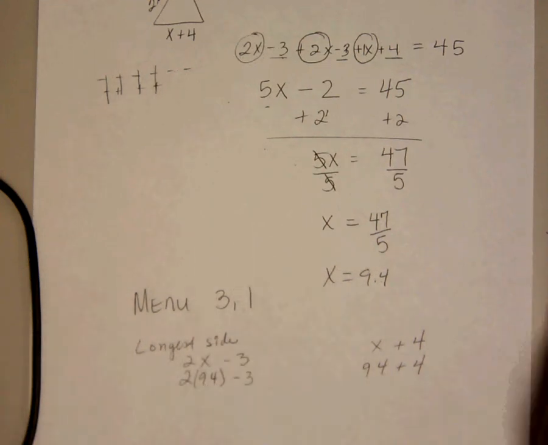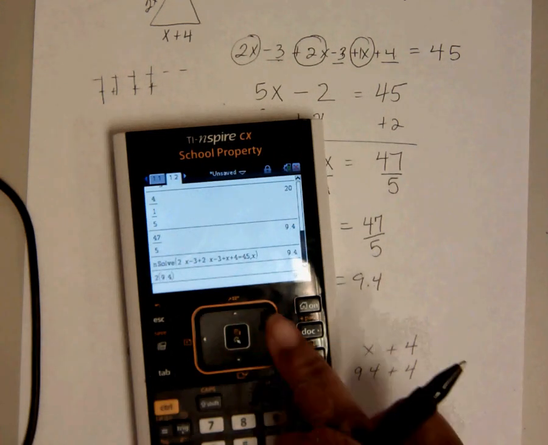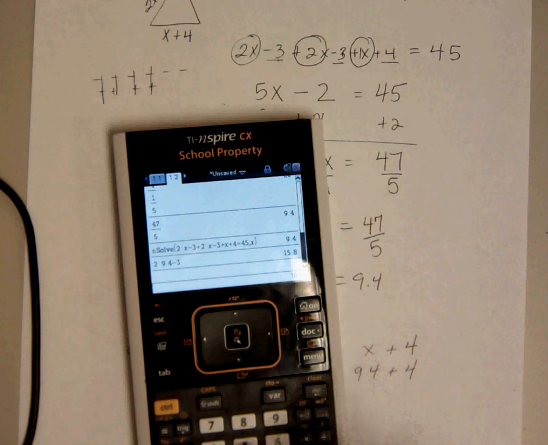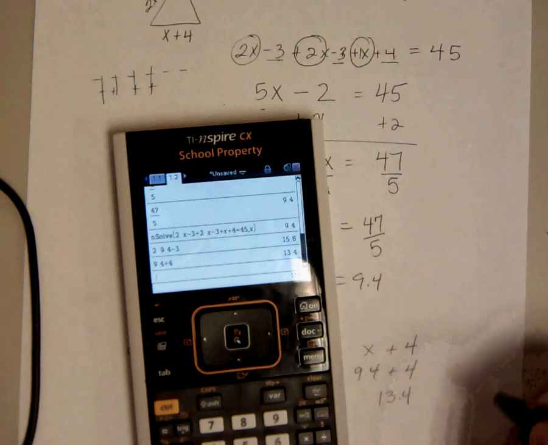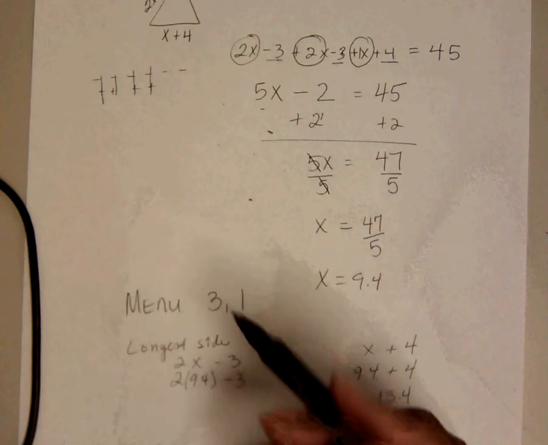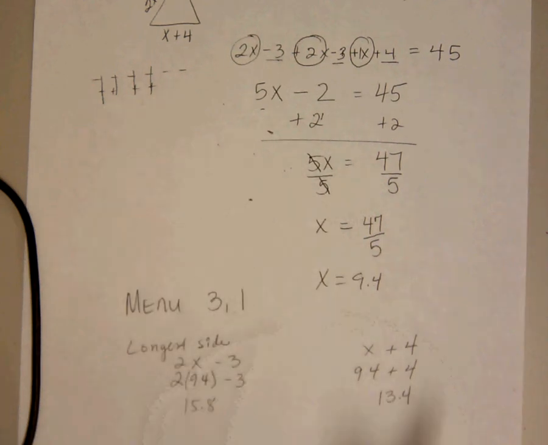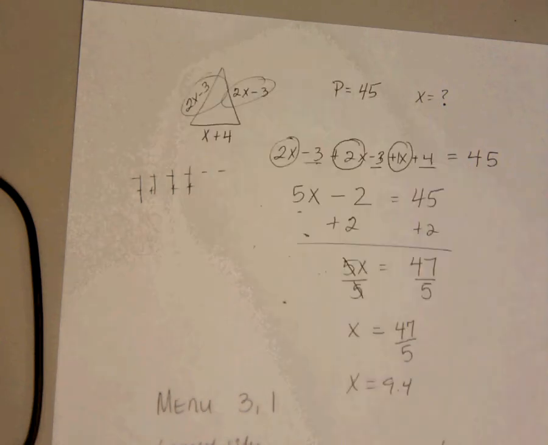So when we do that, 2 times 9.4 minus 3, and then 9.4 plus 4. So I get 13.4 for this one, and then 15.8. So which one is the longest side? It would be these two. They would be the longest side.